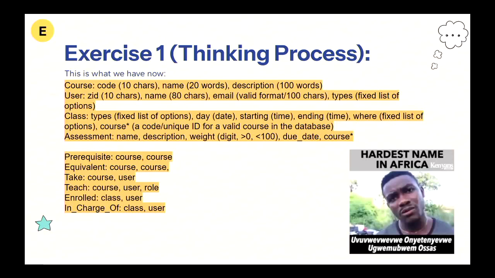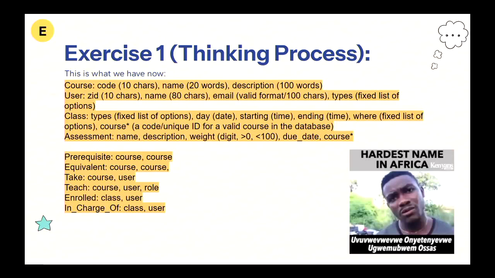But 80 characters is normally safe for storing a person's name. But you can actually search for the world record of the longest name. It's actually longer than 80 characters. It will surprise you, and some of you are already searching for it, I think.